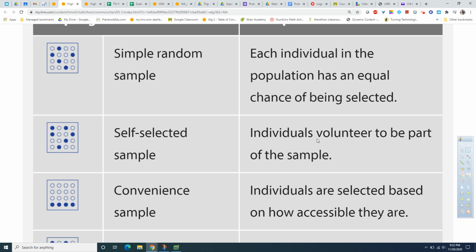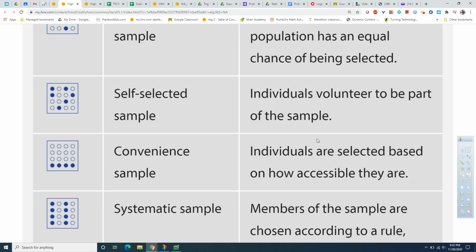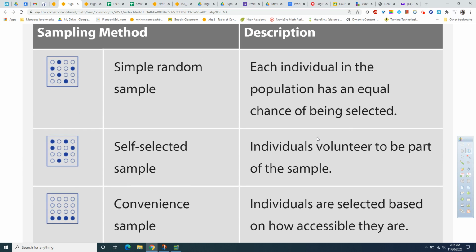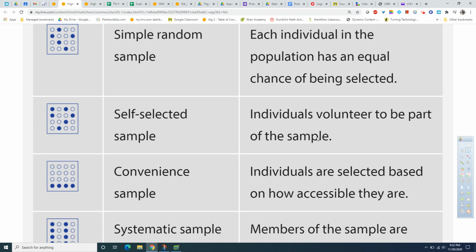They either really like it or really don't like it. They've chosen to be involved in this process, so more neutral people aren't even being representative in that sense. Okay, so we're going to call that a bias where simple random is our best. Self-selected is probably one of the worst kind of biased, but it doesn't mean it's useless.